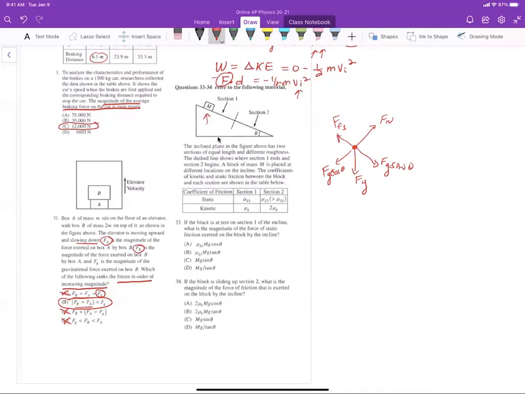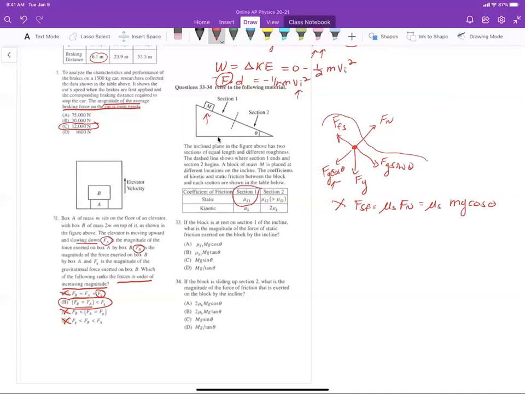What people tend to do is, if it's at rest and they want to know about the force of static friction, they say it must be mu s times force normal, which is mu s times mg cosine theta. I got that from here. This is wrong because we weren't told that it was slipping, or about to slip.